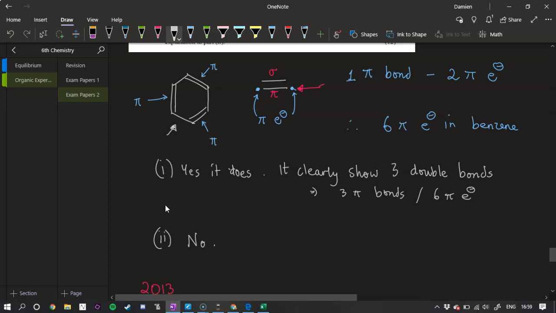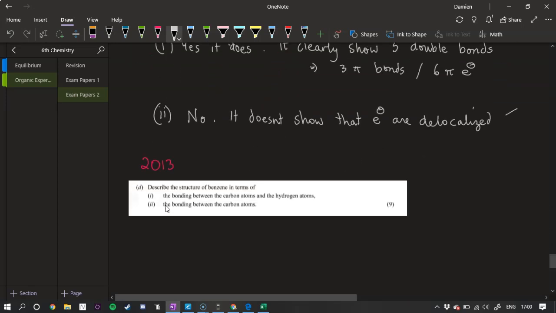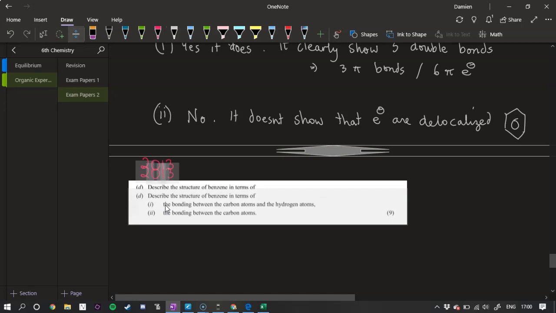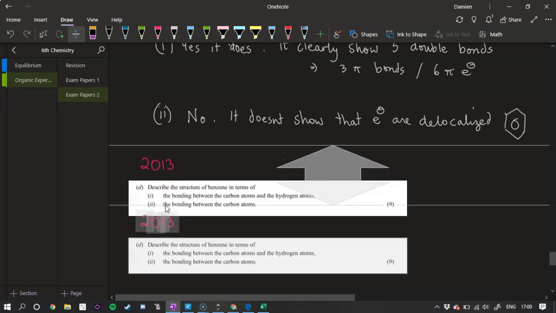And the reason I would give is it doesn't show that electrons are delocalized. If you wanted that, this benzene structure here would be far more appropriate, and that shows that there's delocalization amongst the electrons.